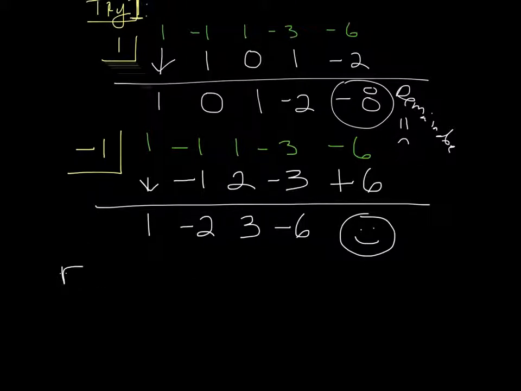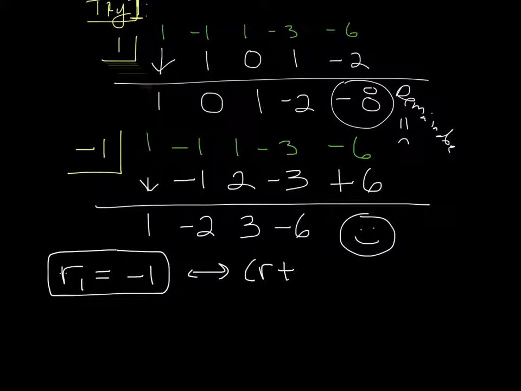Okay, so I'm going to call r1 is -1. That also means that r plus 1 is a factor, right? Because if you set that factor equal to 0, what's r1? It's got to be -1.